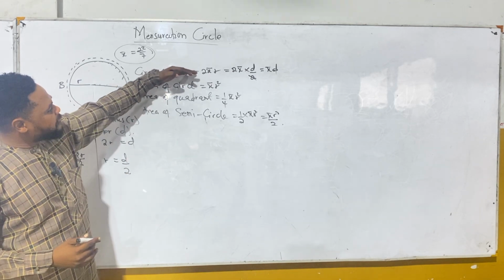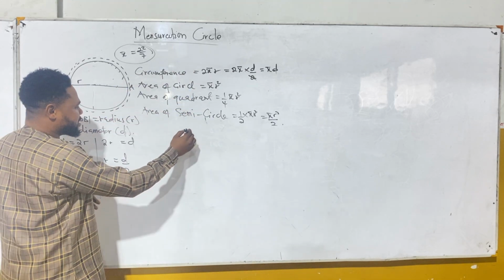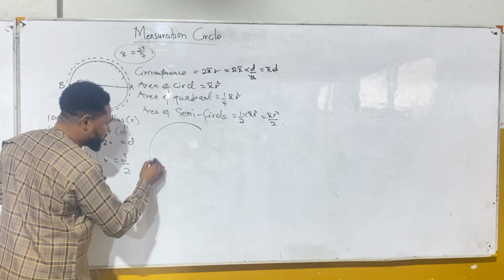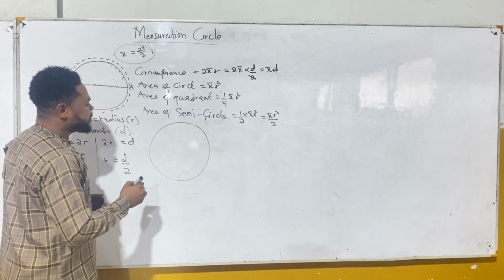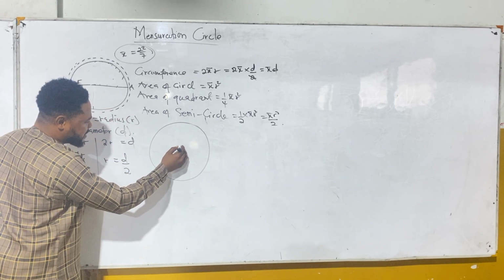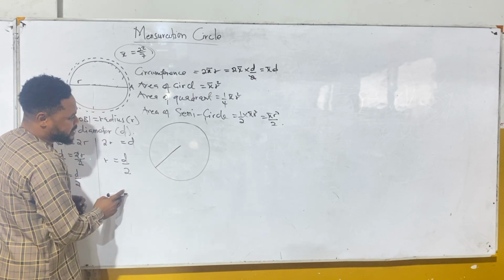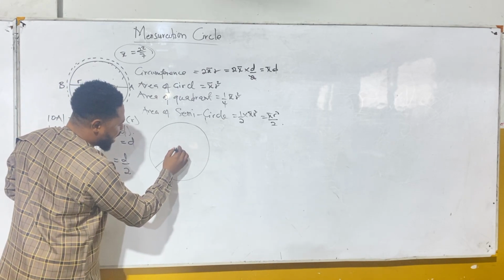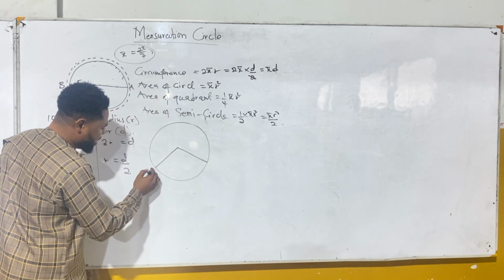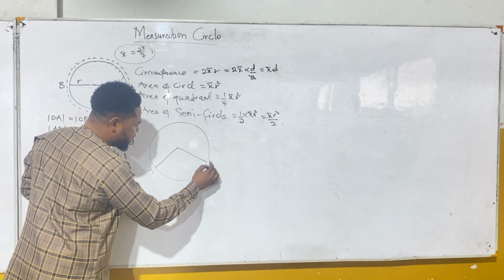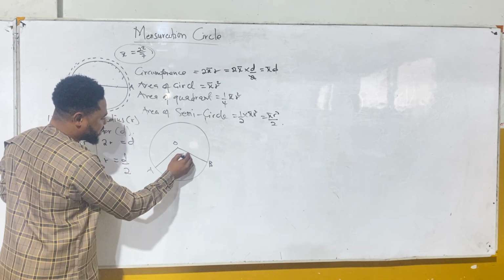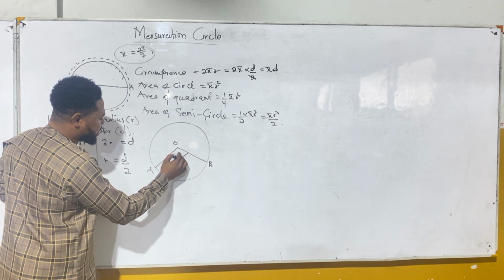Now, apart from these formulas, let us pick our circle again. If this is the center and we take our radius here, and another radius here, let me name them A, B, and O, with an angle which is, let's say, alpha.